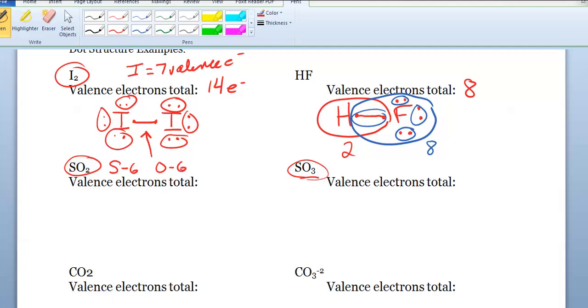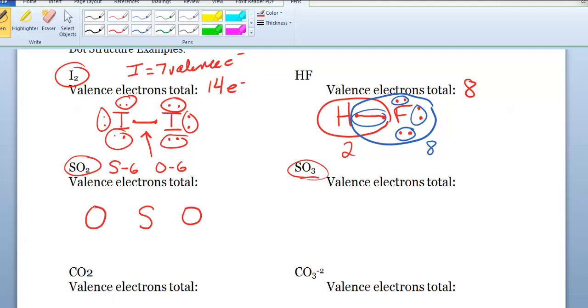They're in the same column, so we would expect them to have the same exact number of valence electrons. Let's take a look at what the molecule would look like. We need to choose a central atom because we have more than 2 in this. So we're going to start out with sulfur in the middle, and there's going to be 2 oxygens. So I'm going to put 1 on each side.